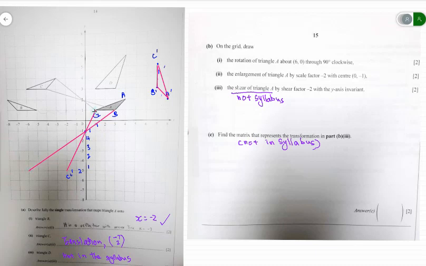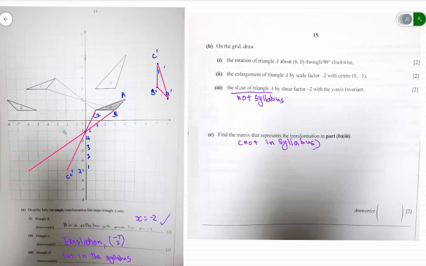Okay, now let's check. For B, horizontal is 3, vertical is 2. So from here, horizontal is 1, 2, 3. From this point to this point, horizontal is 1, 2, 3.